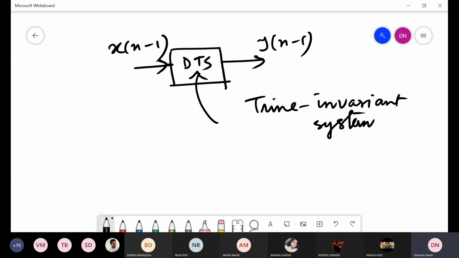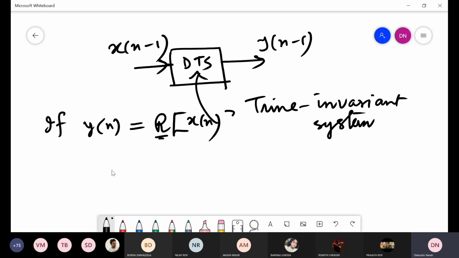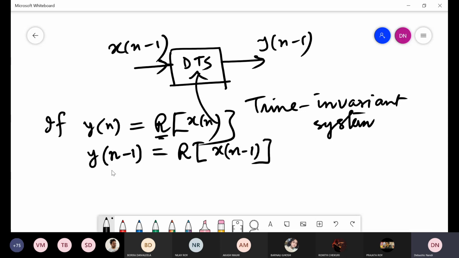That means if y[n] is the response, or transformation T, to x[n], and for the same system the shifted version of the input gives y[n-1], then the system is called time invariant.